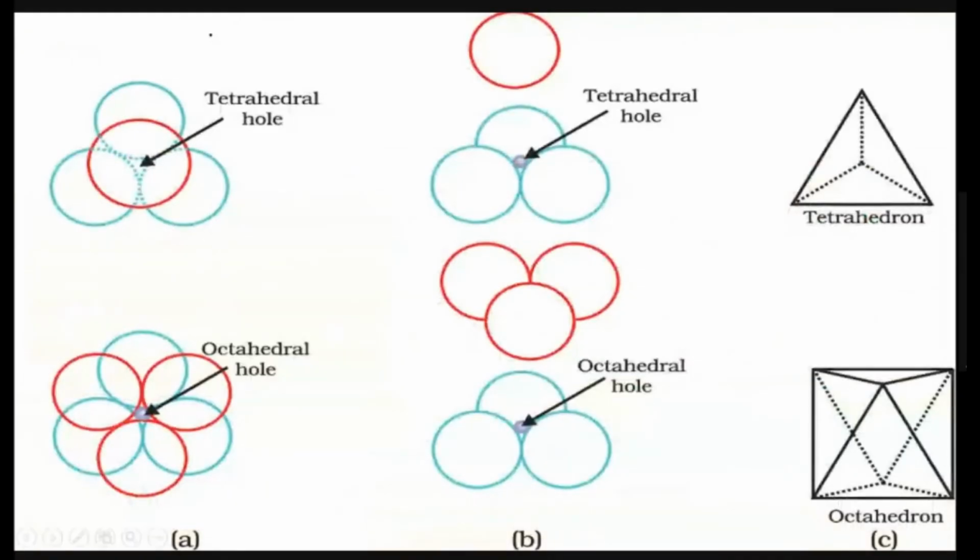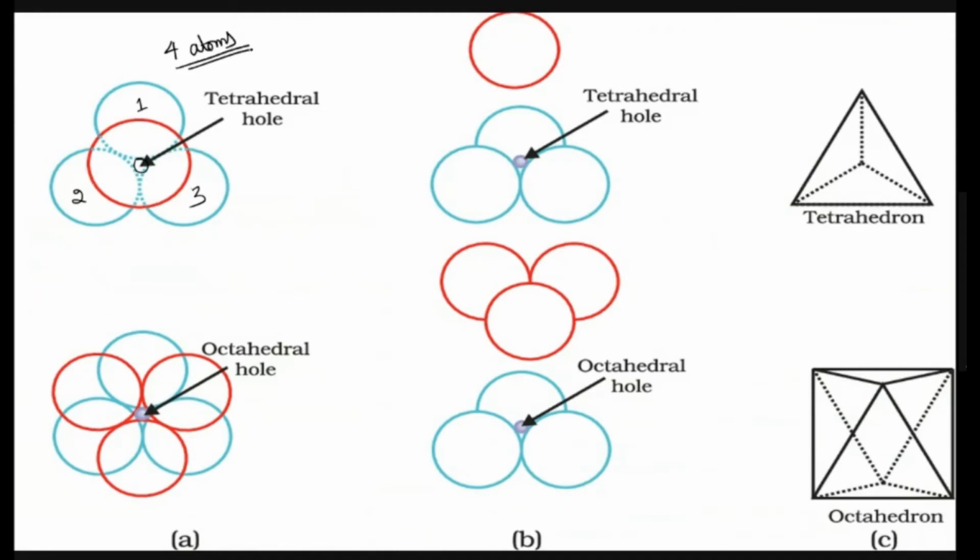In this diagram, we can easily understand. I'm considering 3 atoms, that is 1, 2, and then 3. These 3 atoms, and the 4th atom is the red color atom. The center part is empty, so this is the void. It is called a tetrahedral hole. So this hole, or the tetrahedral void, is touching how many atoms? 4 atoms.